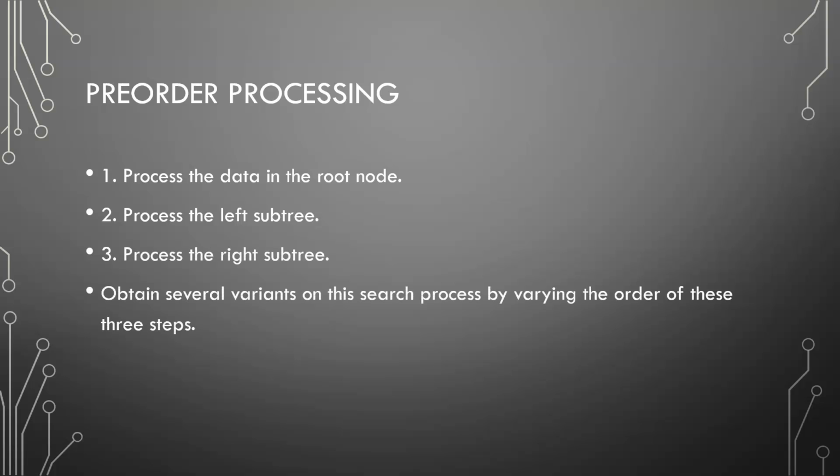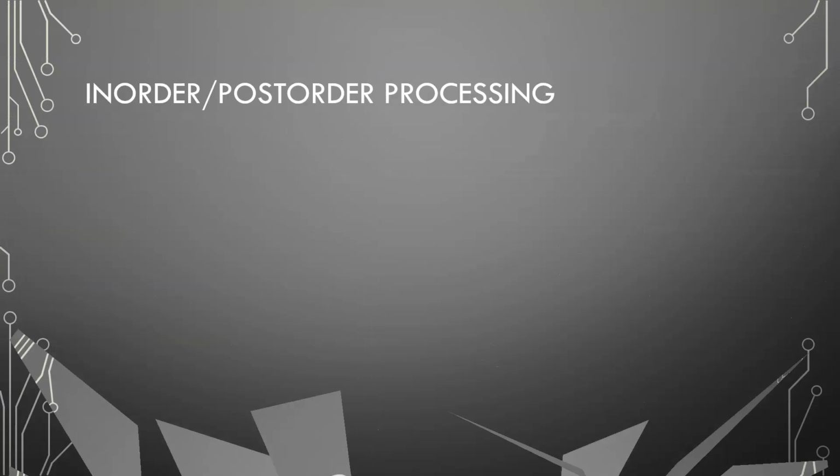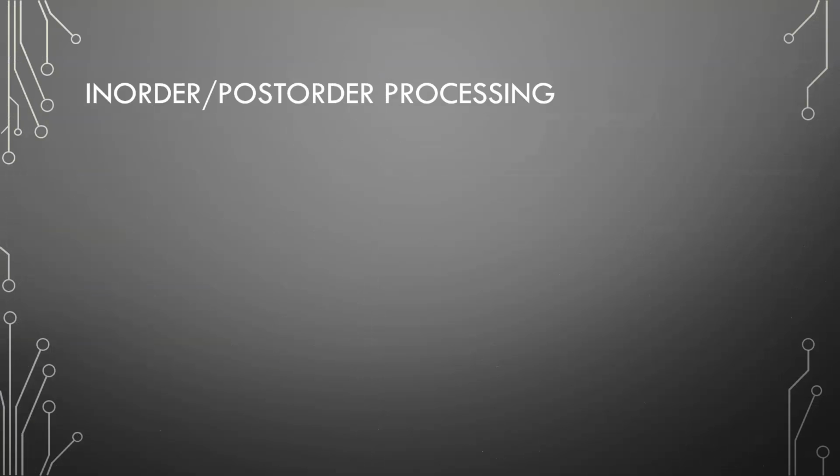You're going to obtain several variants on the search process by varying the order of these three steps. So pretty much it's always going to come back to: go to the root, look left, look right, root, left, right, etc. So once it's actually obtained the tree, we get into in-order and post-order processing. In-order processing is, we're looking at those subtrees.